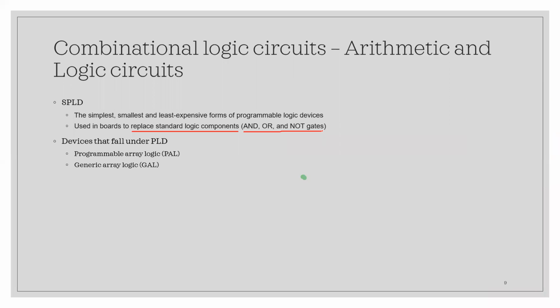Those are slightly different because in them AND and OR logics will be there, in which either the AND is programmable or both are programmable. That is how it gets divided. Then you have generic array logic, then PLAs, then field programmable logic arrays. So these are just a few things which fall under PLDs. In general, I'm specifying it as the PLDs, not SPLD.